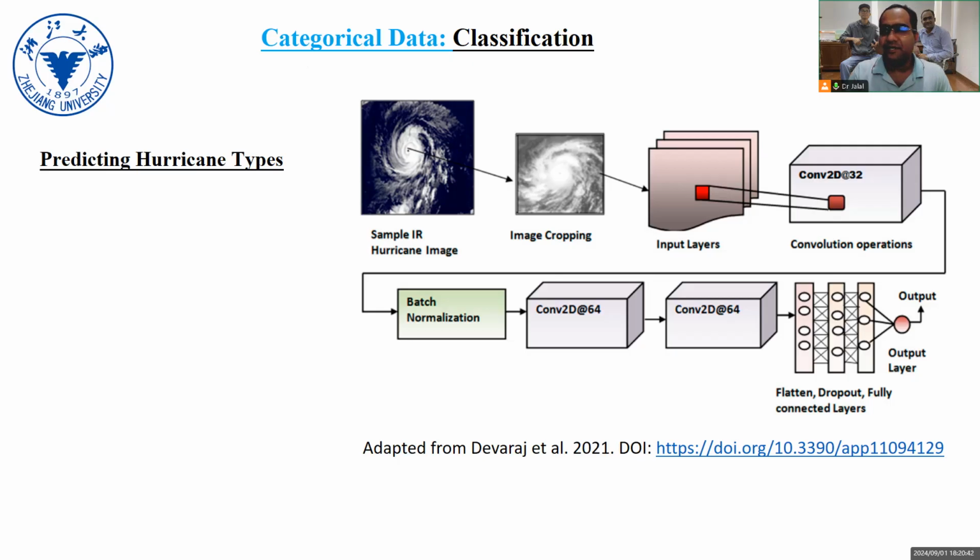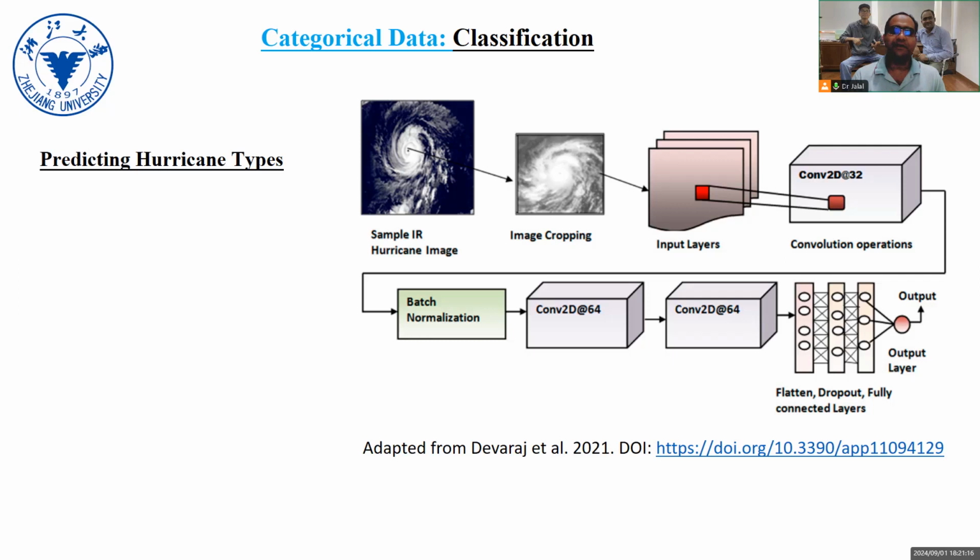For example, for classification, if you want to forecast the hurricane types based on the maximum sustained wind speed, you can have data in an Excel file, or you can use the best track data that we get from the Joint Typhoon Warning Center, or IBTrACS, etc. Then, based on the maximum sustained wind speed, you can classify into category 1, 2, 3, 4, 5.